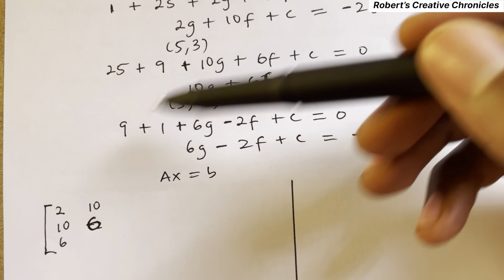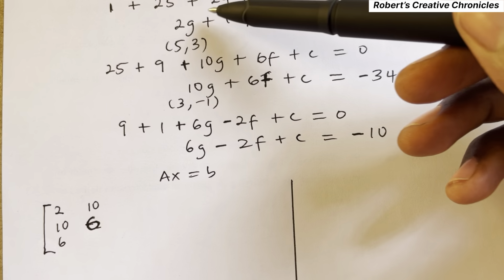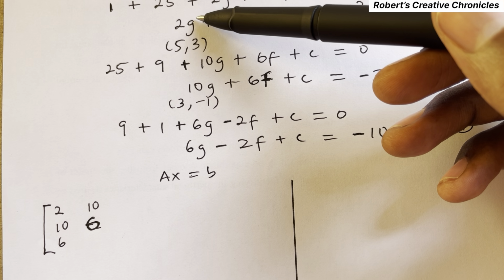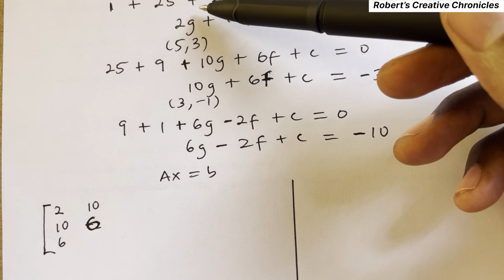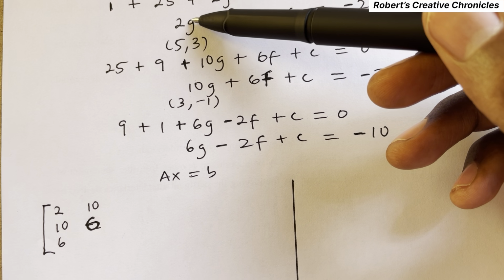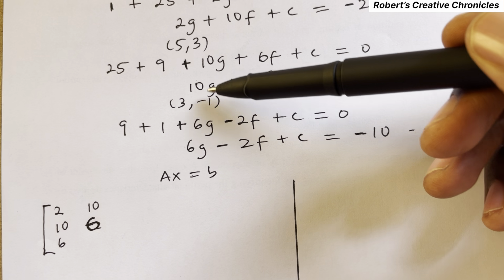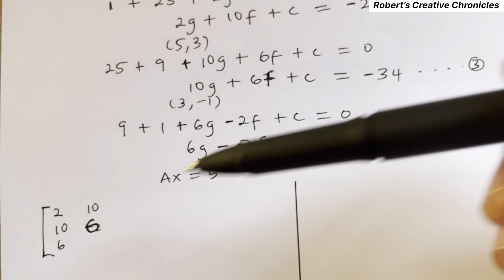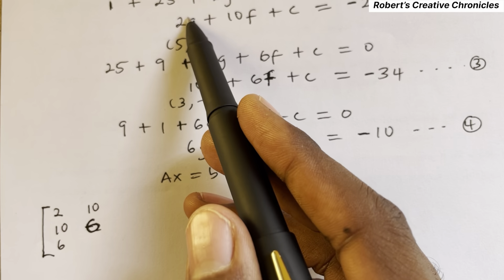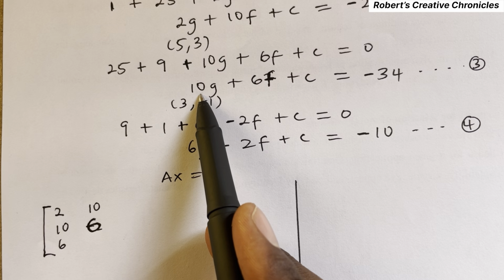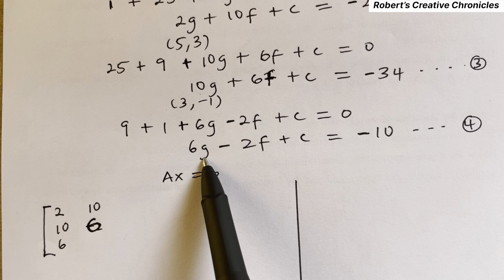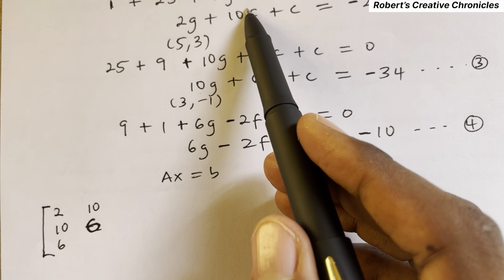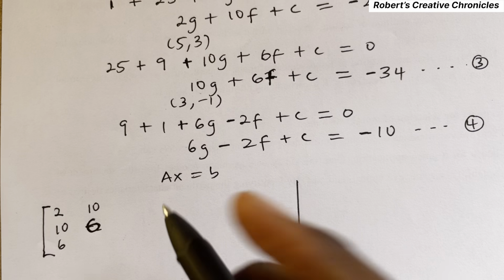So make sure when you use this method, all the equal variables are aligned in one column. You see, this one is G, this one is G, and this one is G. Likewise F, likewise C. If you mix it up, you will not get the answer. So this is 2, 10, and 6. This is 10, 6, and negative 2.